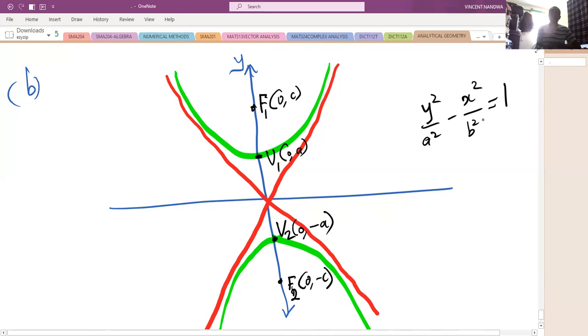So making y the subject here, we'll have y squared equals a squared into x squared over b squared plus 1.